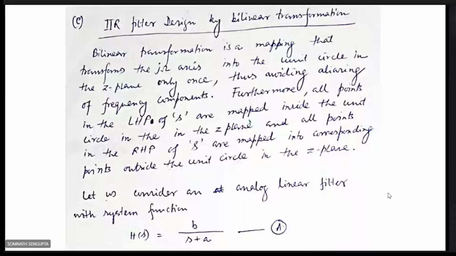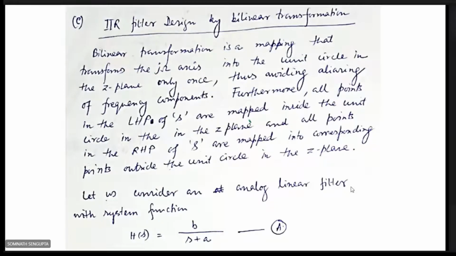So the earlier methods had some disadvantages. So impulse invariance method has the disadvantage that whatever the analog frequencies are mapped, okay, in digital domain, they are mapped as many to one transformation.